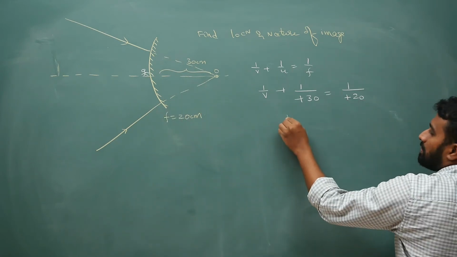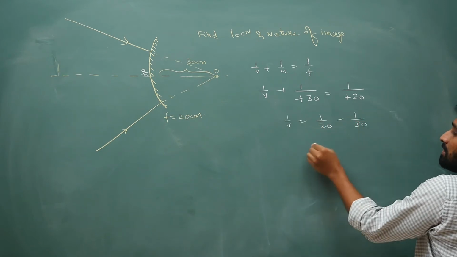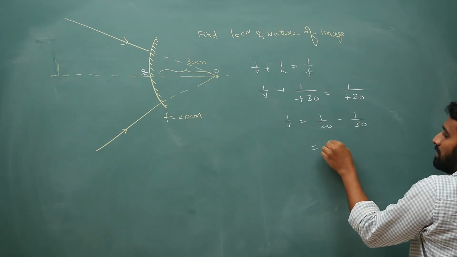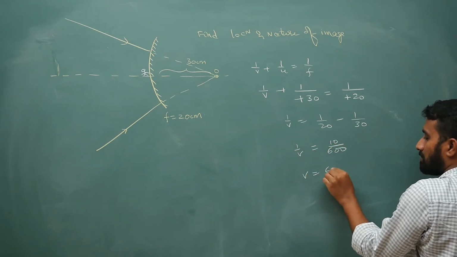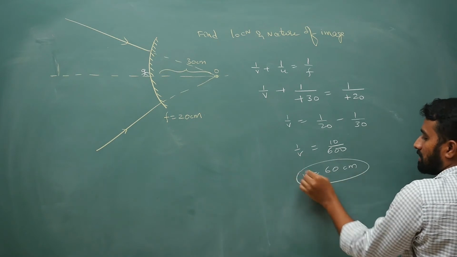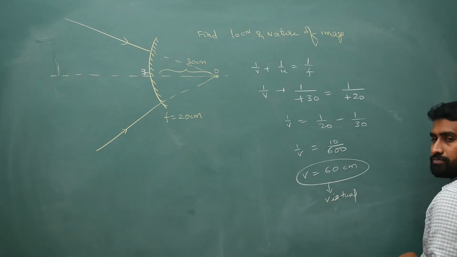So from here 1 by v is 1 by 20 minus 1 by 30. So 30 minus 20, it is 10 by 30 into 20, 600, that is equal to 1 by v, so v equals plus 60. That indicates that it is a virtual image.